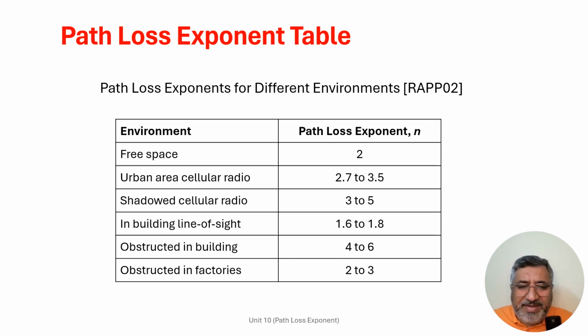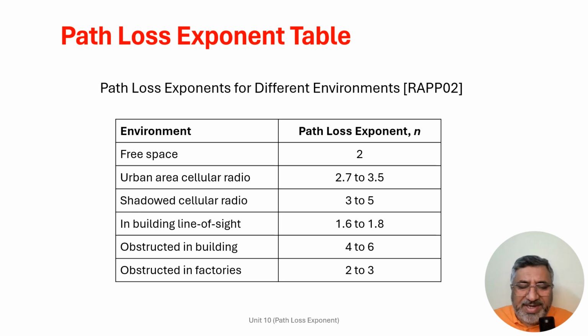If you see the table, you will observe that for urban area cellular radio, the value is 2.7 to 3.5, and for shadowed cellular radio, we use n values from 3 to 5.